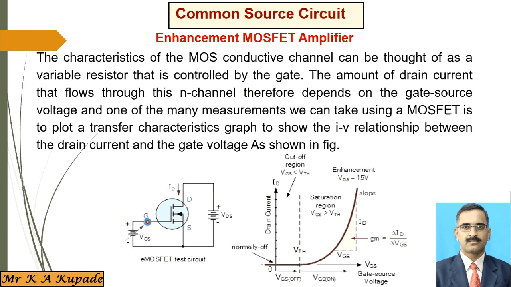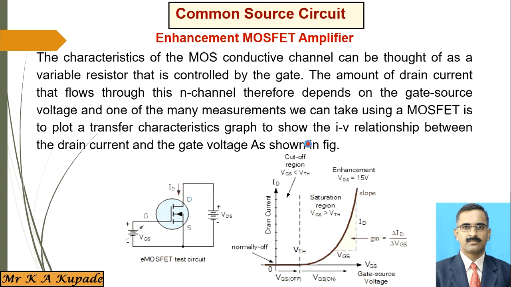Why do I say variable? Because we are increasing it from zero towards the positive, up to this point, the threshold voltage VTH. Whenever VGS becomes greater than the threshold voltage, only then does the current flow. This current is initially zero, but once VGS reaches the threshold voltage, the curve shows an increase in the drain current.